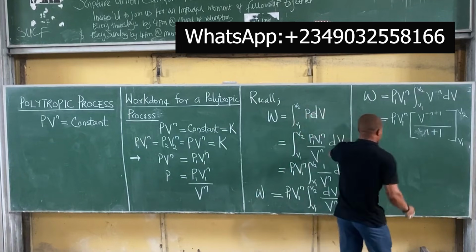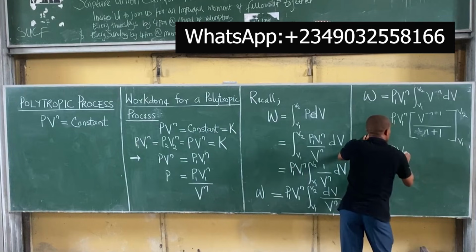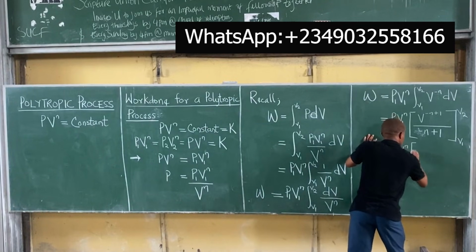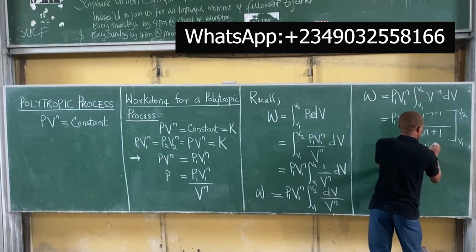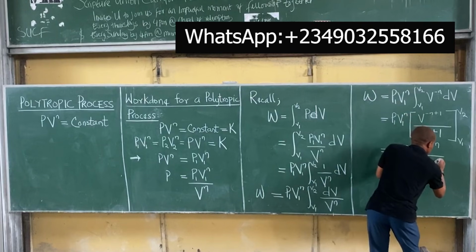We can simplify that now, and we have P1 V1 raised to power n, the same thing as saying V^(1 minus n) over 1 minus n.